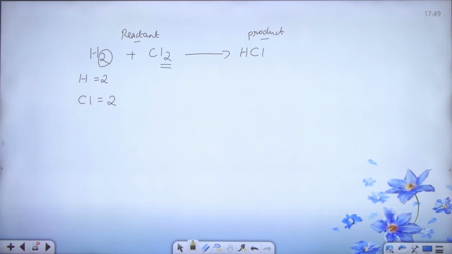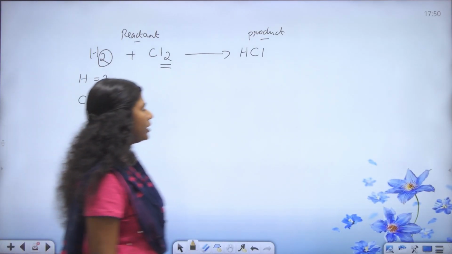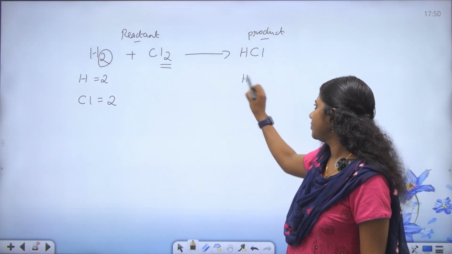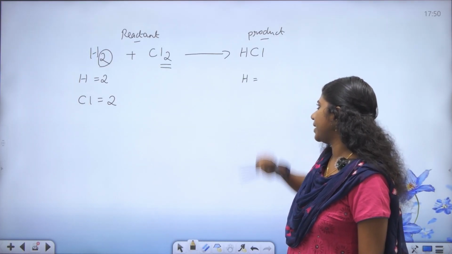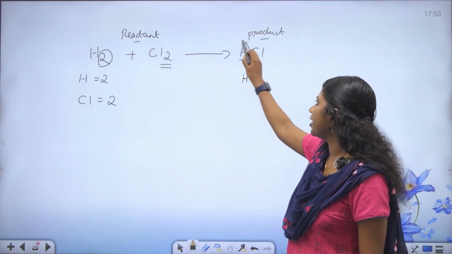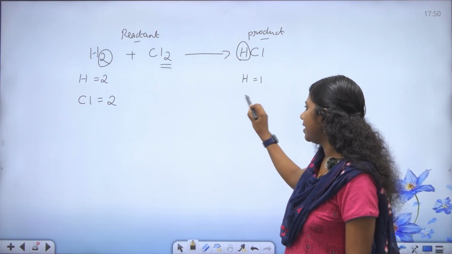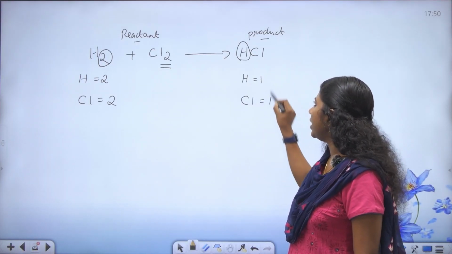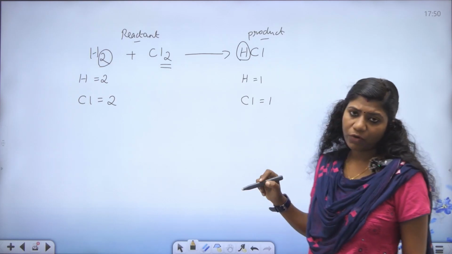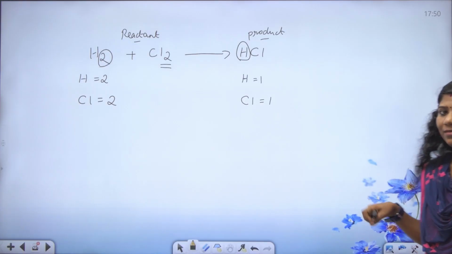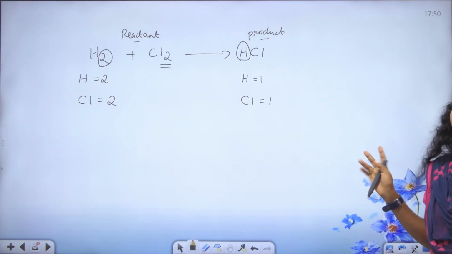The number of hydrogen atoms on the reactant side is 2, and the number of chlorine atoms on the reactant side is also 2. Then move to the product side. The product is HCl. How many hydrogen atoms? Only one hydrogen atom. And how many chlorine atoms? Only one chlorine. The number of chlorine atoms in the product side is only 1. Is this balanced? No. This equation is unbalanced.